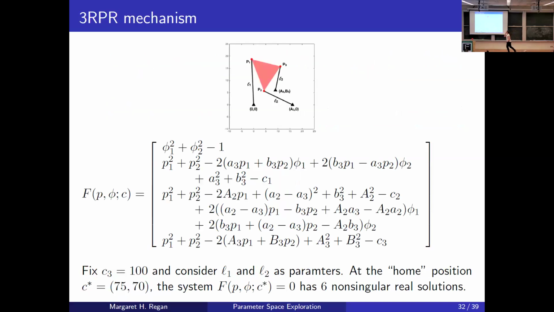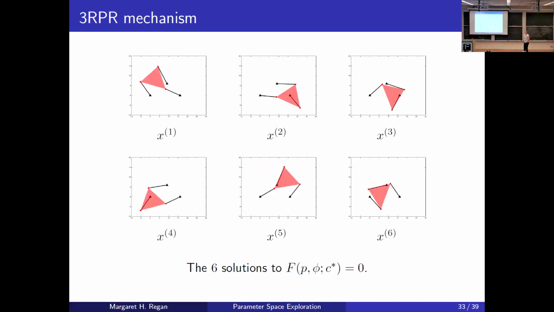Again, we have this parameterized polynomial system. Our parameters are squares of the leg lengths, and we have 6 non-singular real solutions. 6 is the maximal number of solutions for this system, and there is a point where we can achieve 6 real ones out of the total. We're able to find these 6 real solutions. As I described before, all of these leg lengths are the same in all 6 of these images, but the orientation of that platform, the triangle, is different.